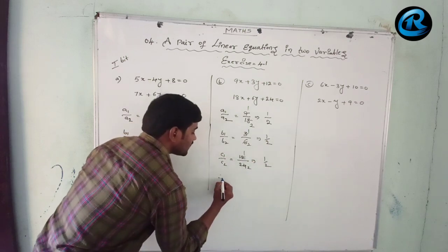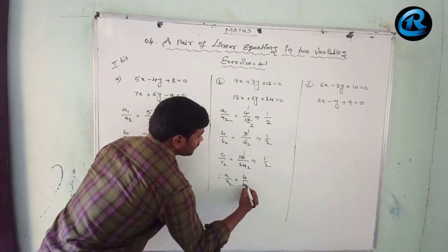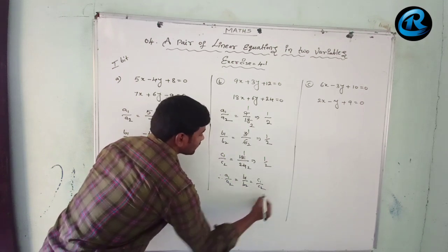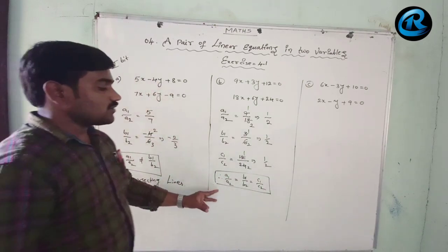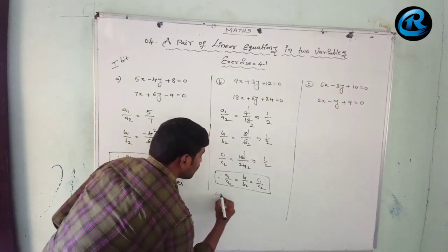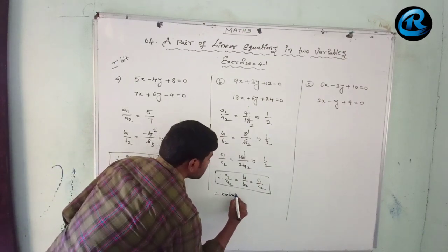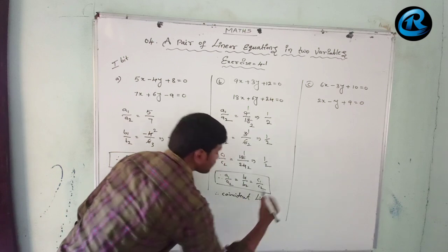So clearly you can say here a1 by a2 is equal to b1 by b2 is equal to c1 by c2. If a1 by a2 is equal to b1 by b2 is equal to c1 by c2, they are called coincident lines.